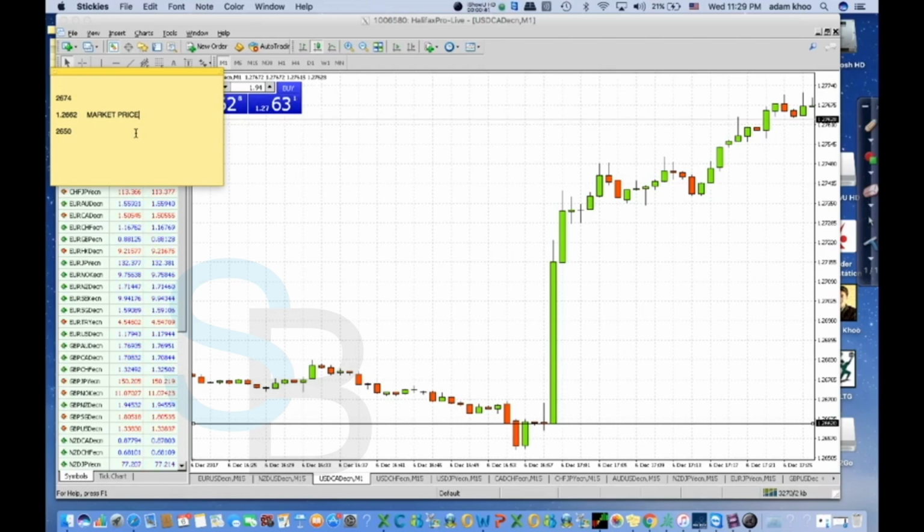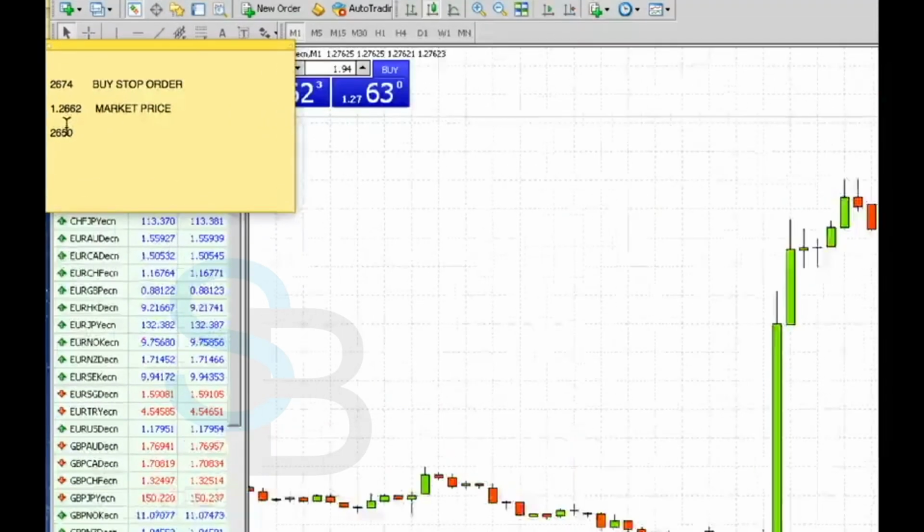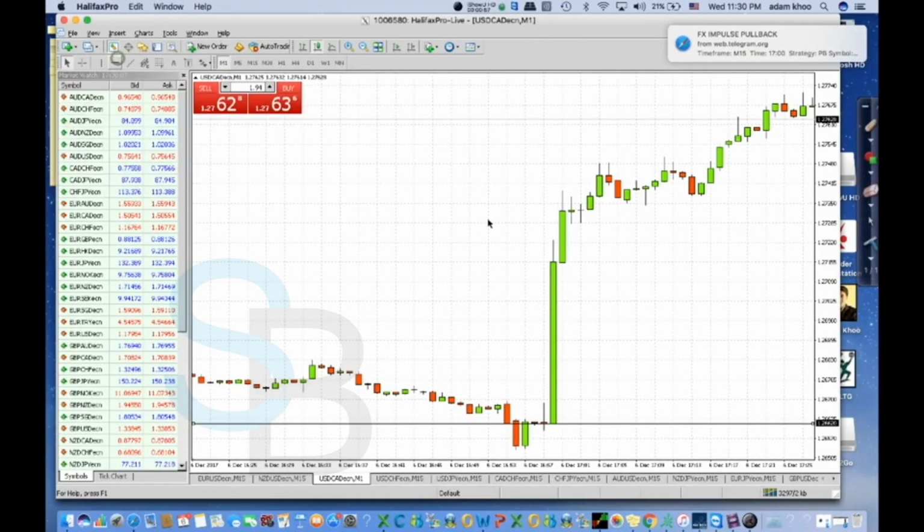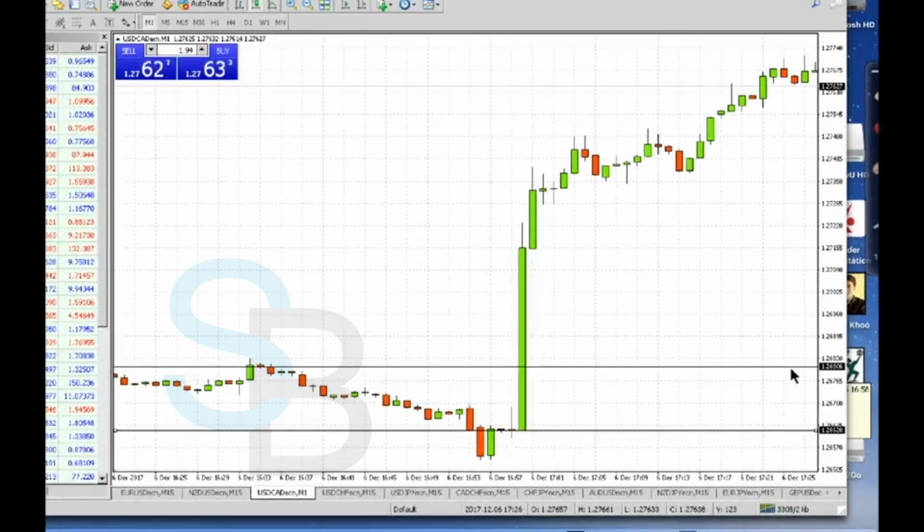So what I did was, the first thing I did was I placed a buy stop order 12 pips above the market price. So you just take 2662 plus 12 pips, you get 2674. All right, so in other words, I placed a buy order at 2674. Let me just use this line to show you.